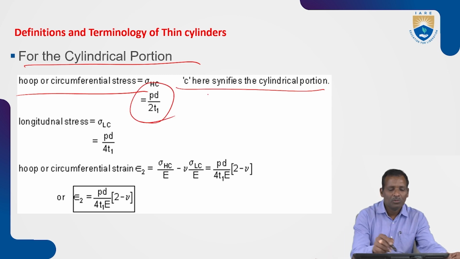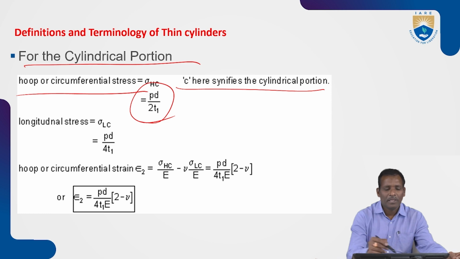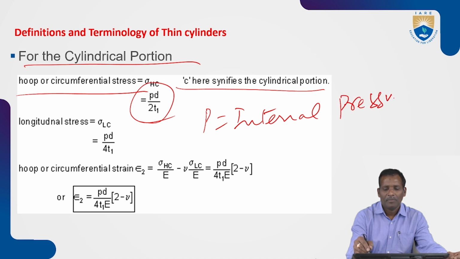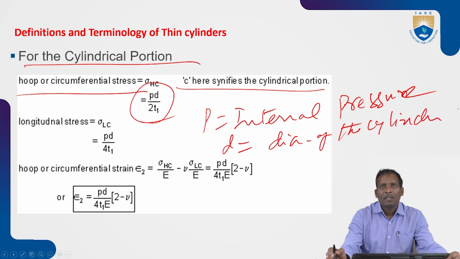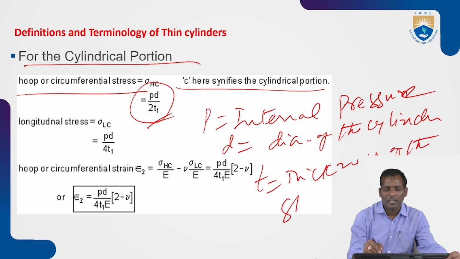It is PD by 2T1, where P is the internal pressure, D is the diameter of the cylinder, and T1 is the thickness of the shell.